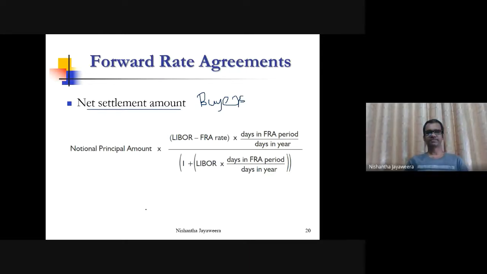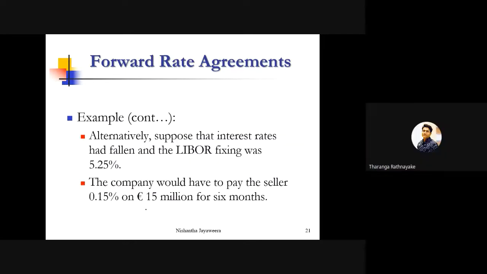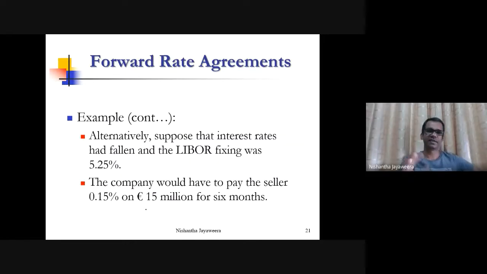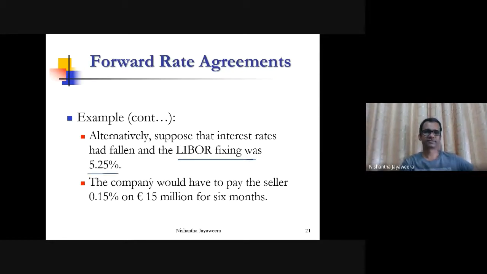Any question? If not, we can move into the next, that means the other scenario, where the LIBOR fixing was lower than the agreed fixed rate: 5.4 versus 5.25.